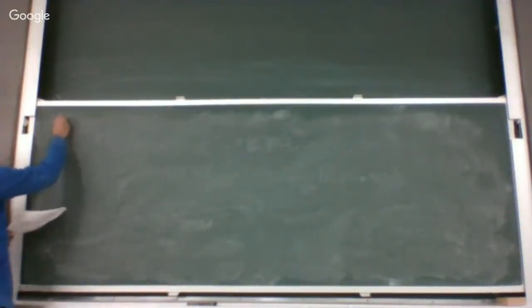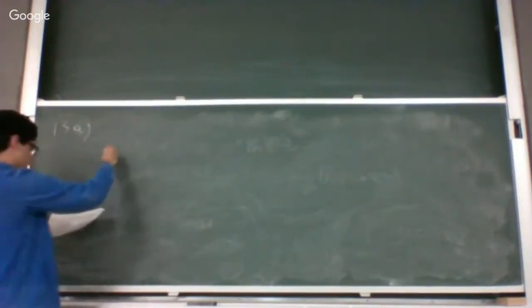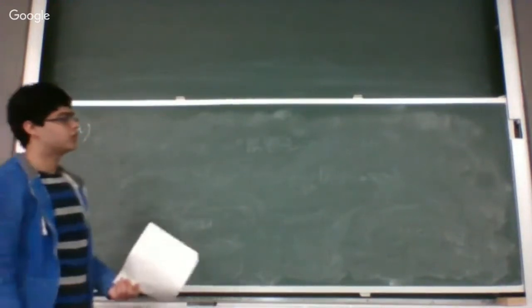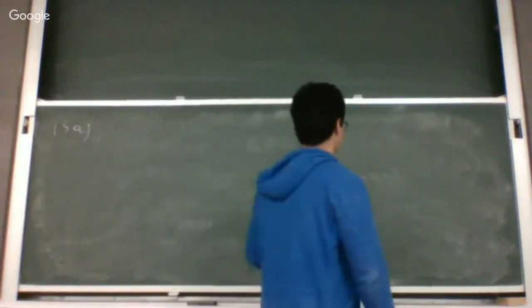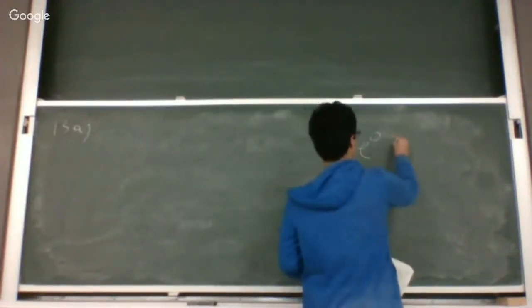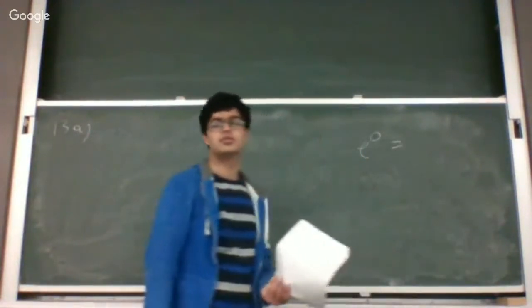Okay, so 13a, we have just another property they probably told you guys in class: e to the 0 power is what? 1.